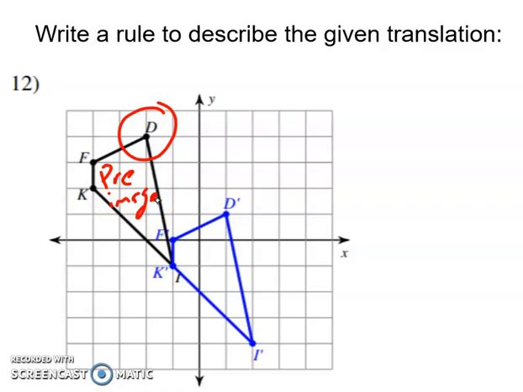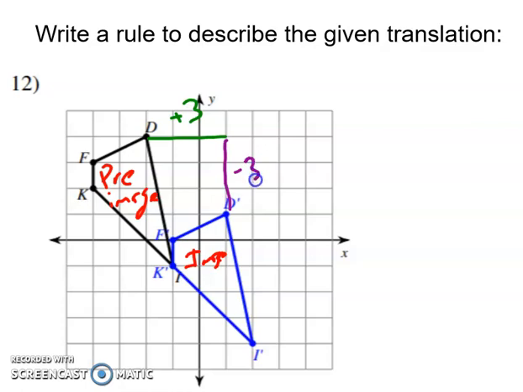That means that this blue figure is going to be the image. So we're taking the black figure and turning it into the blue figure. Now all we need to do is count out our directions. If I start at D, I go over 1, 2, 3. So I went right 3, so I added 3. Now I go down 1, 2, 3.